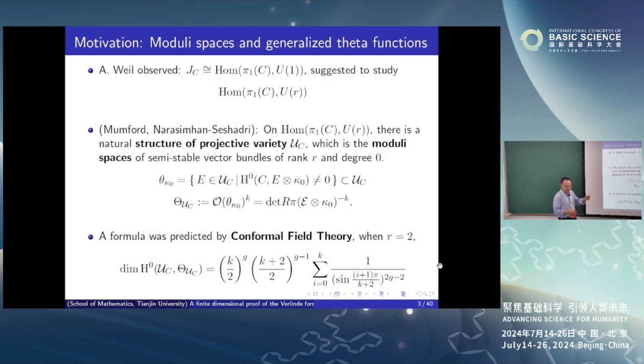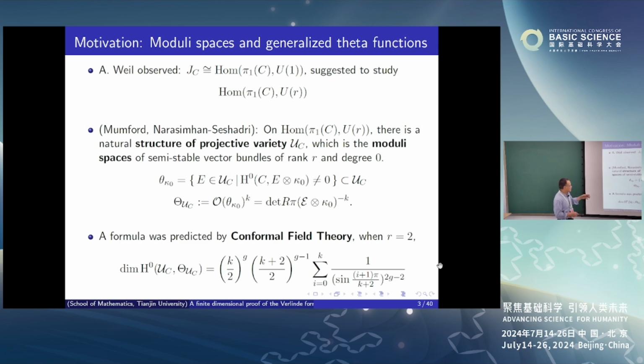After learning about the stability introduced by Mumford, he immediately realized this might be the same. So he found this correspondence, the so-called Narasimhan-Seshadri correspondence. Anyway, this is the non-abelian case, because when r is larger than 1, it's non-abelian.